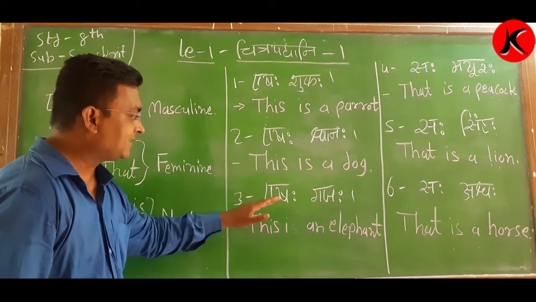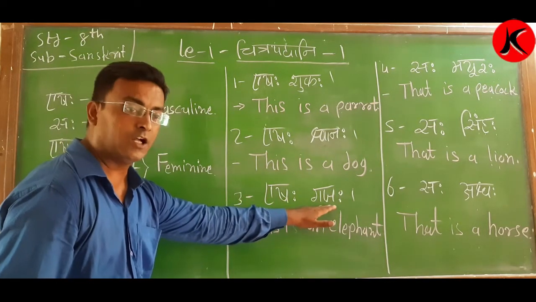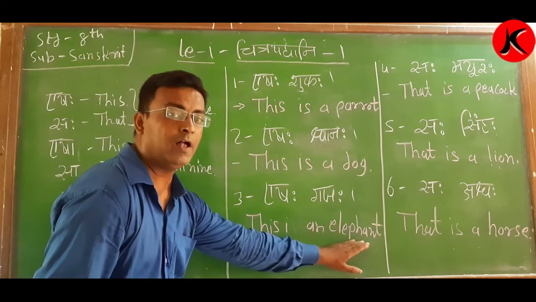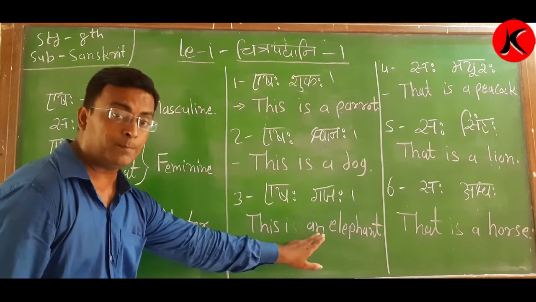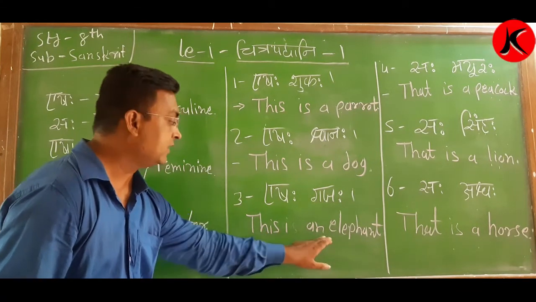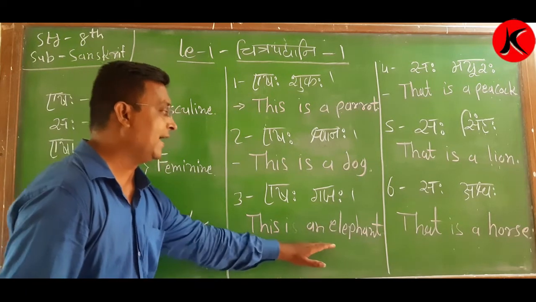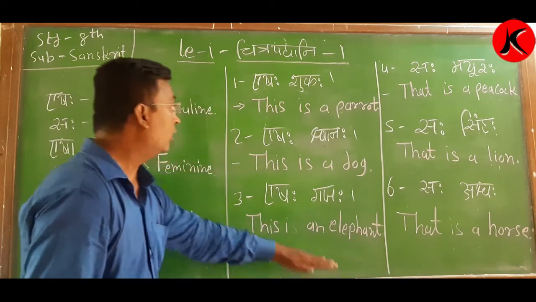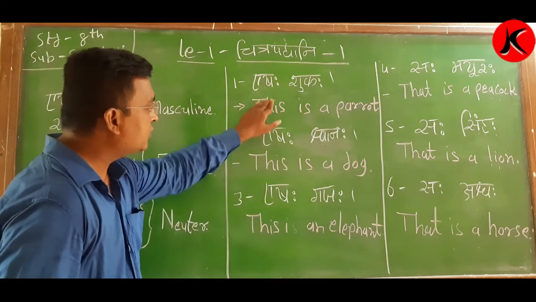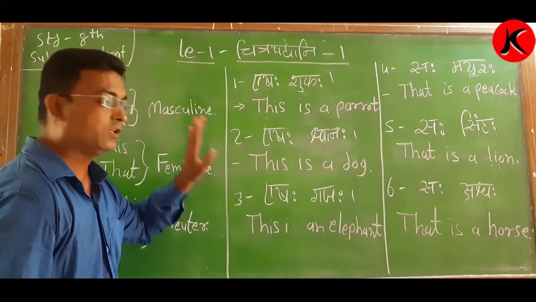So the translation of Esha Gajah is this is an elephant. Why here an? Because the spelling is starting with E. These three words are for Esha.